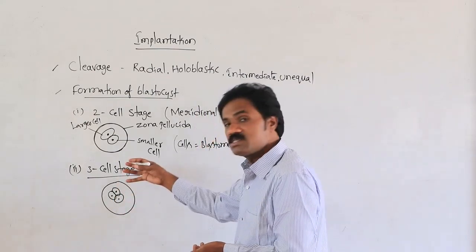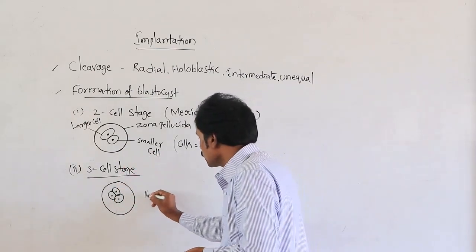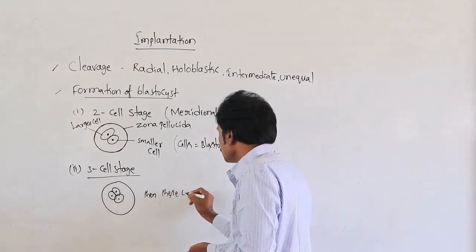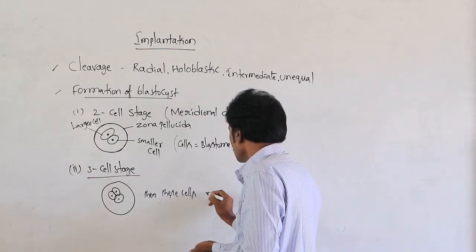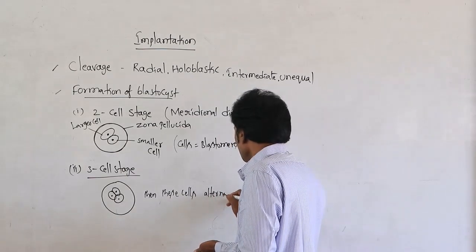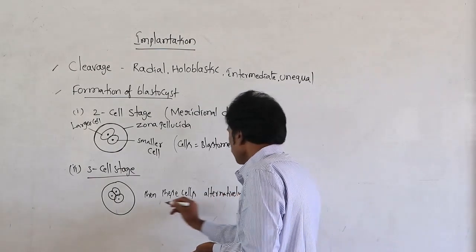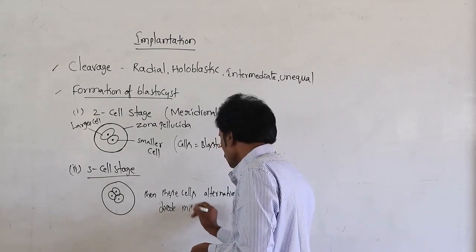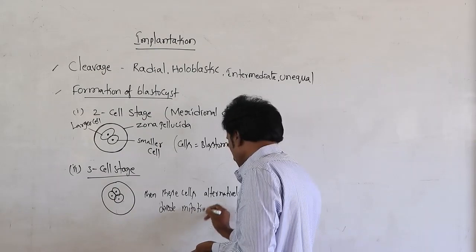After the 3 cell stage, these cells alternatively divide mitotically.